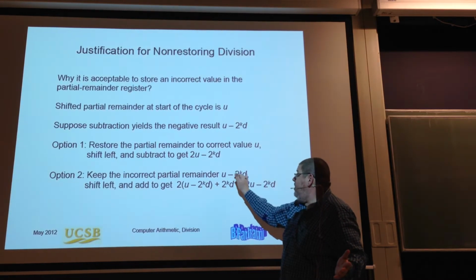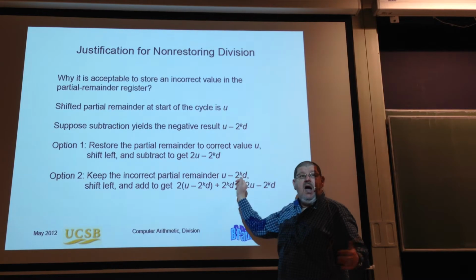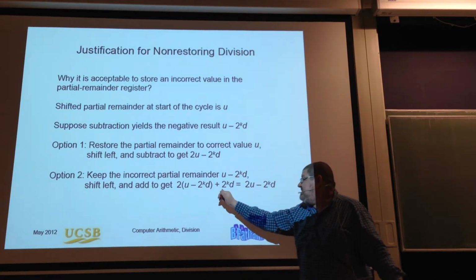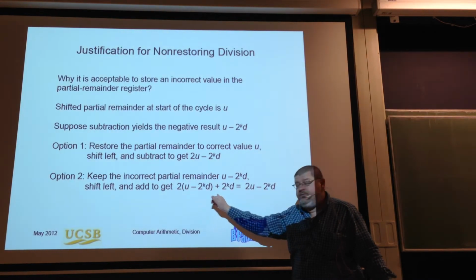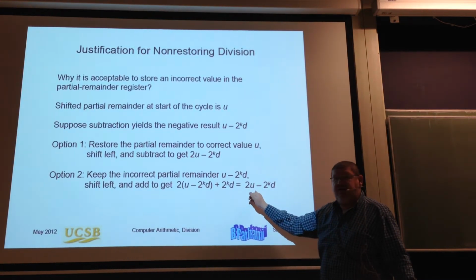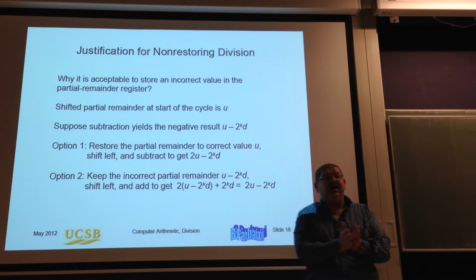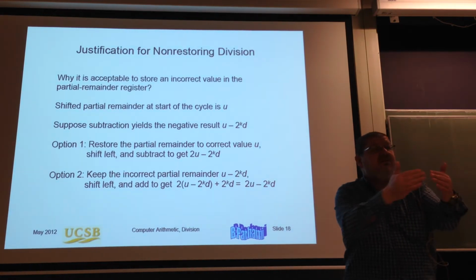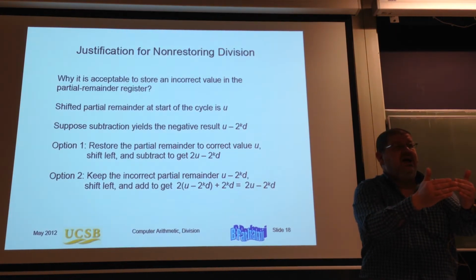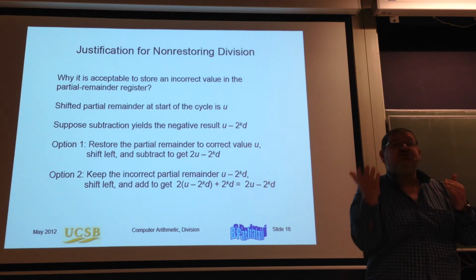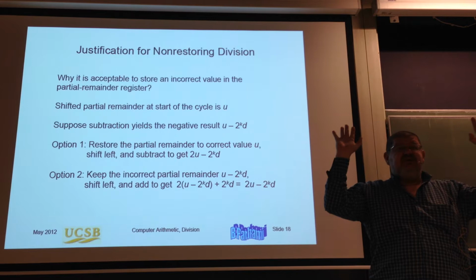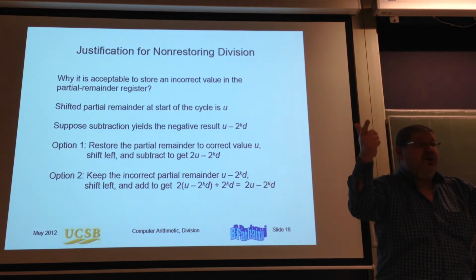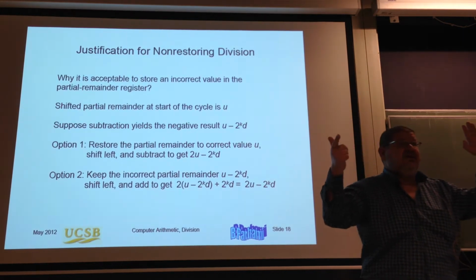Or I can say, okay, I'll keep it, I will shift it, and now instead of subtracting, I will add. And this will give me this result. Then what I see is that there are two roads which will bring me to the same result. I am allowing to infringe the rule which says that Z and S should have the same sign, but only for one iteration, and I will correct that later on.